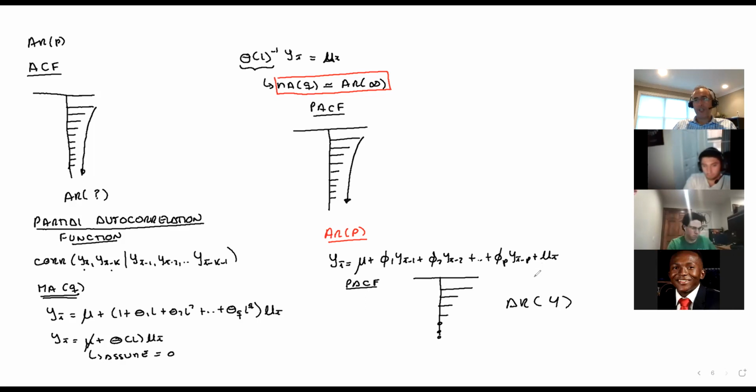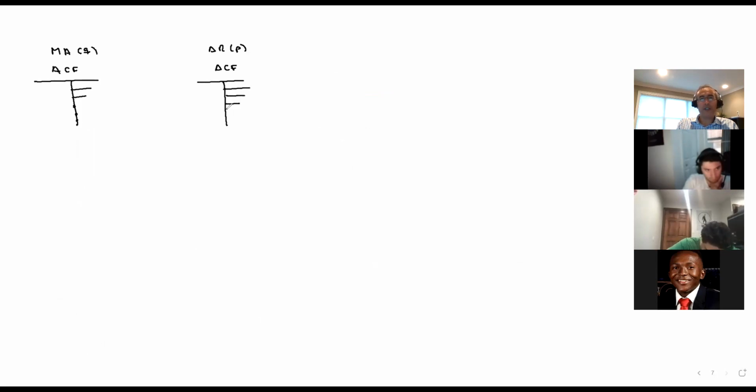Okay. So in summary, guys, an MA(q) process versus an AR(p) process. The autocorrelation function for the MA process looks like this; for this one here, it goes down like that.